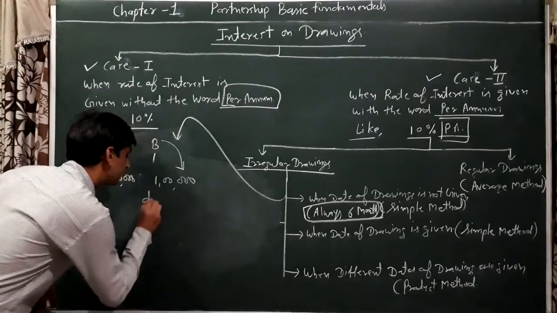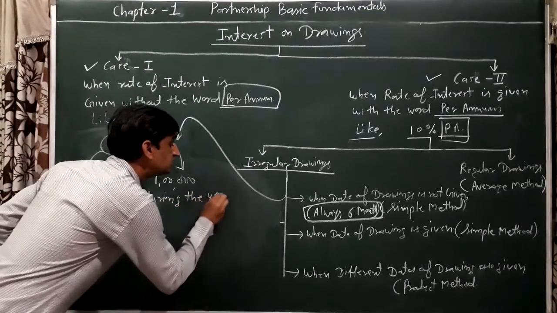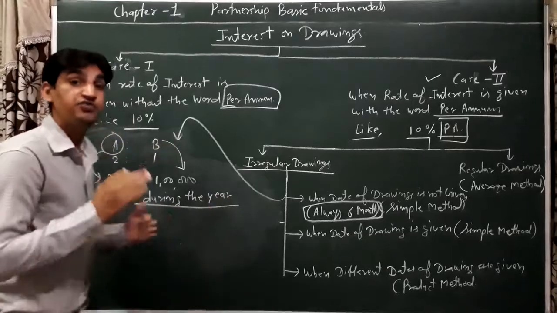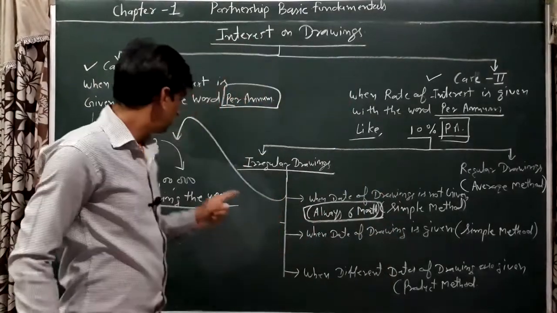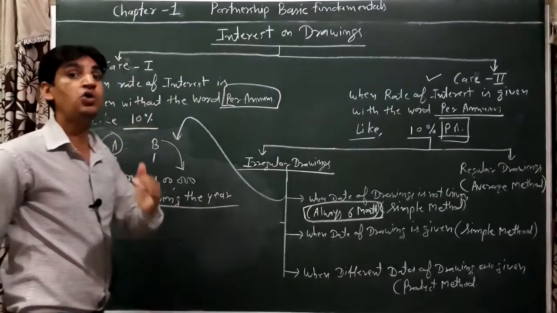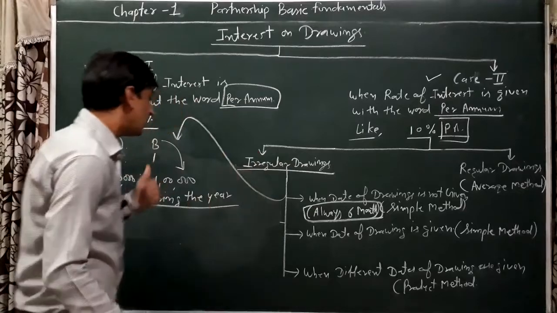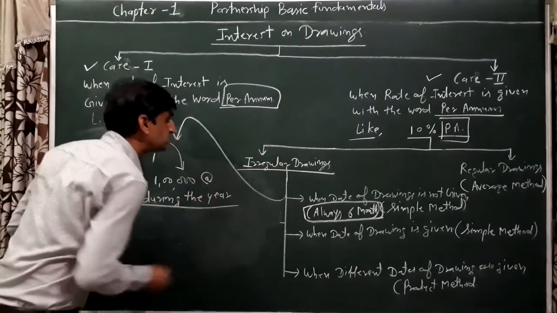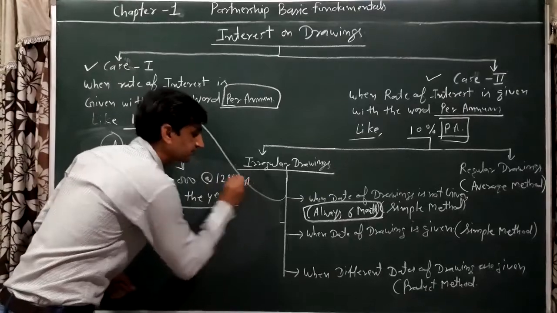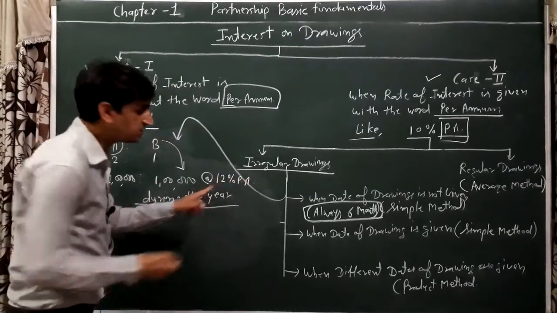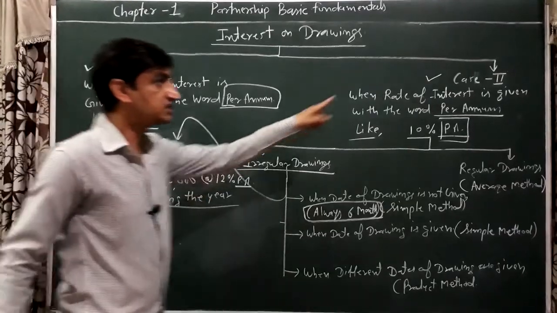During the year means the date is not confirmed when they withdrew the amount. It means the date of drawing is not given in the question, and the interest rate is charged at 12% per annum. The interest rate is given with the term per annum. Is it clear? So that is case second.